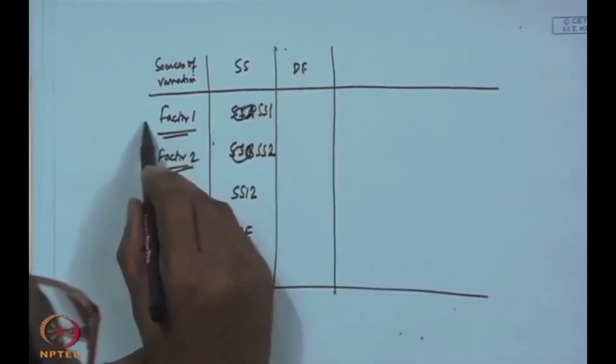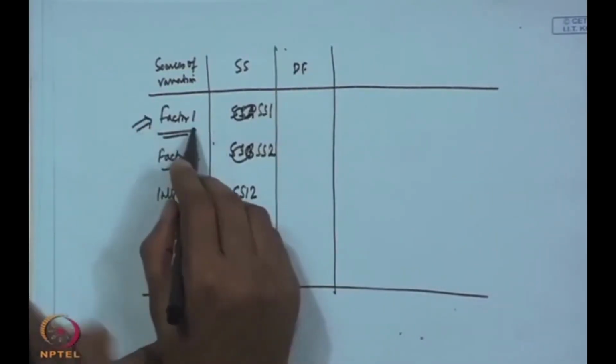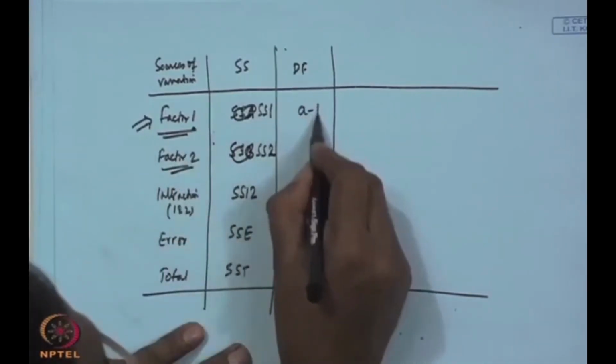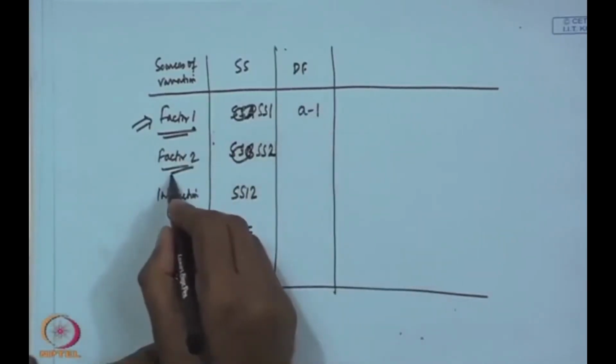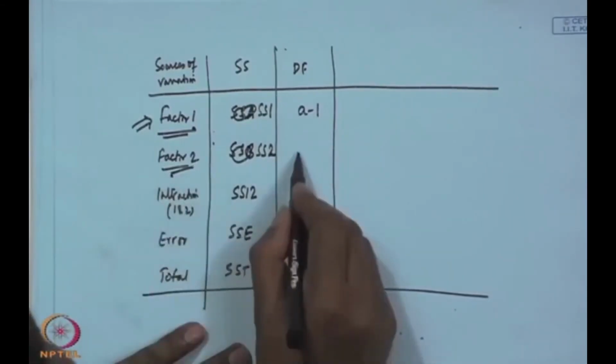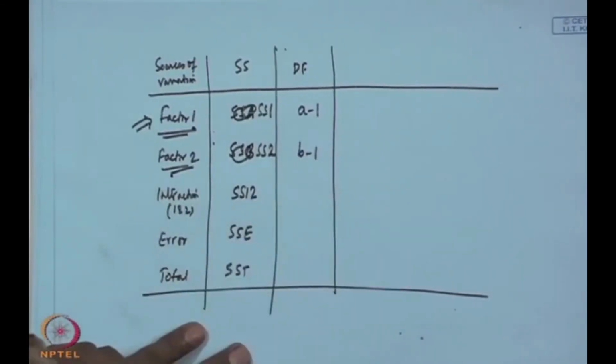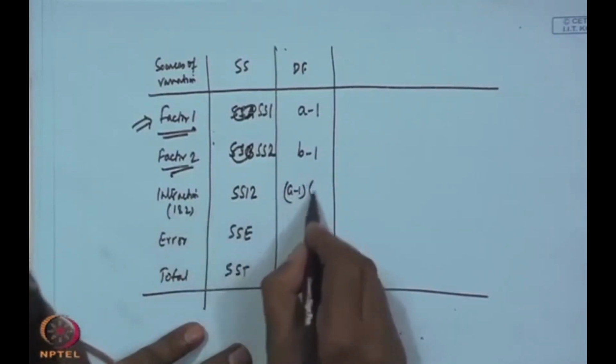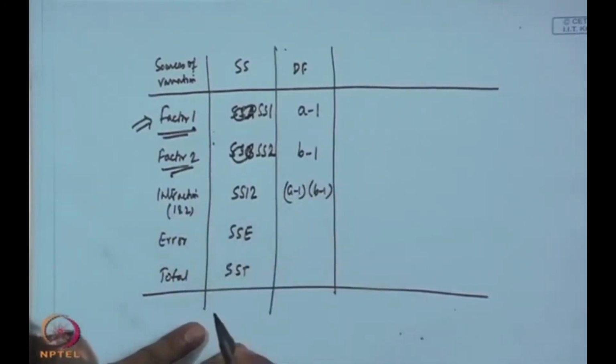How many labels are there for factor 1? A levels. So, A minus 1. How many labels are there for factor 2? B minus 1. What will be the interaction? A minus 1, B minus 1.